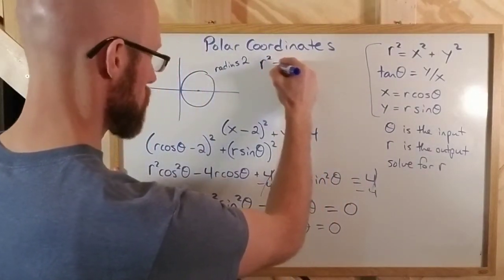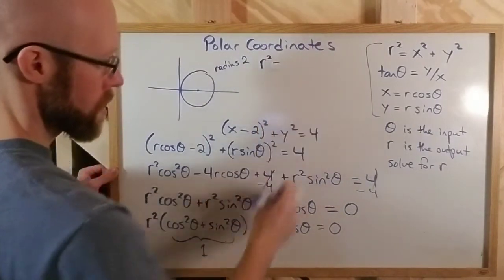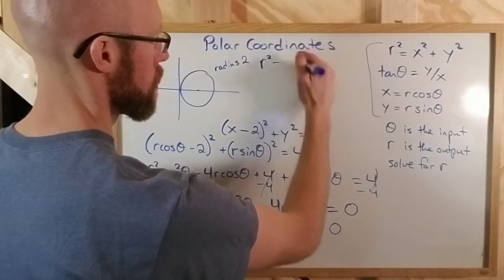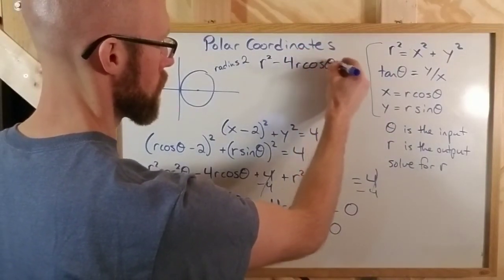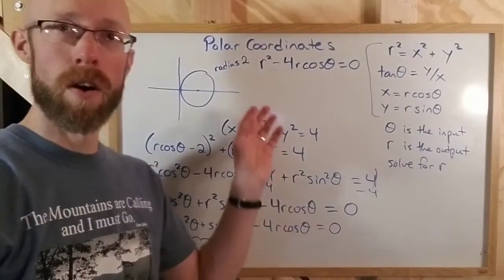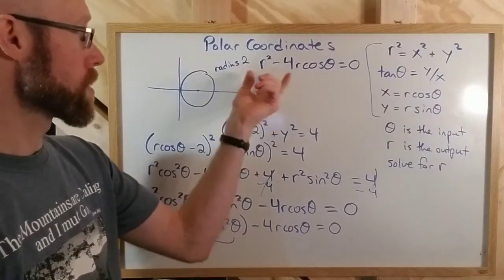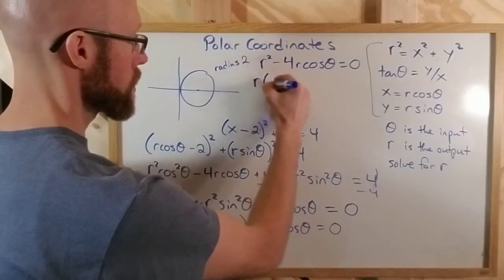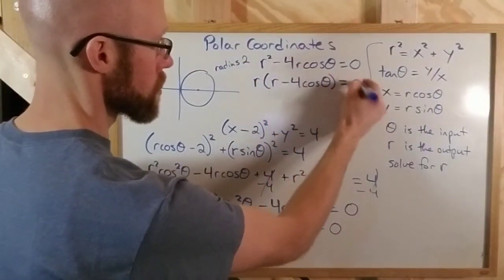R squared minus 4r cos theta equals 0. All right. So now I could factor out an r from here. So I can say r times r minus 4 cos theta is equal to 0.